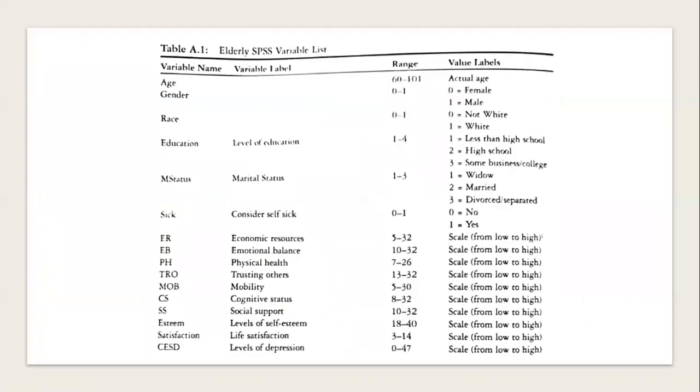Here's a code book from a real data set. And within this code book, I'd like to point out to you each of the nominal level variables, which include gender, race, marital status, and considered sick. If we look here to the right-hand corner of this code book, we see that gender is captured by two categories, male and female.